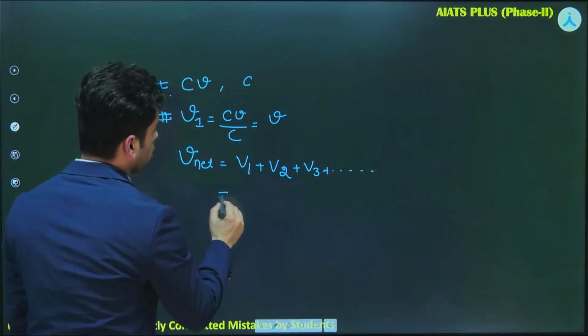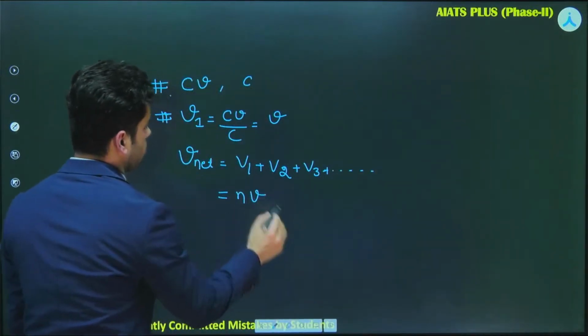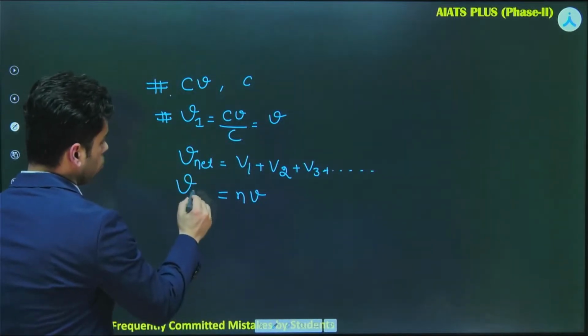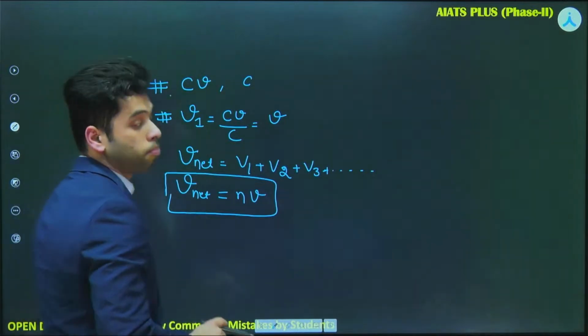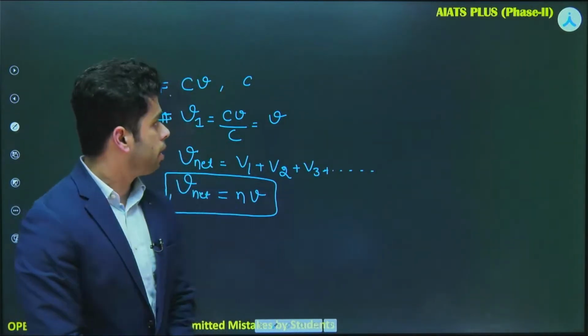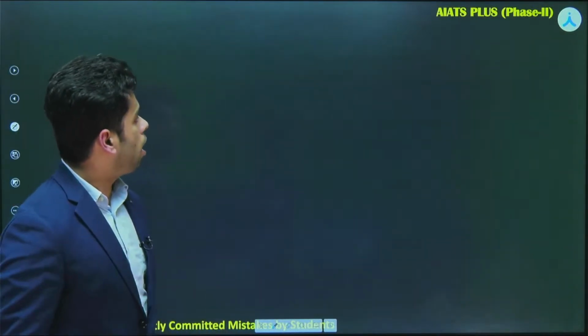So it will be equal to n times V. So V net is coming out to be equal to n times V. I hope you understood the problem.